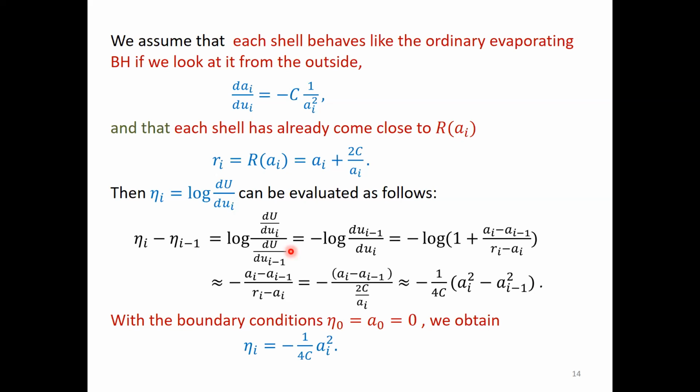I would have expected eta_{i-1} to be related with U of the subsequent layers, the subsequent shells, like the shells are stacked one on top of the other. To what extent are we assuming that for eta_{i-1} we can also just write it as dU by du_{i-1}? So that assumption.